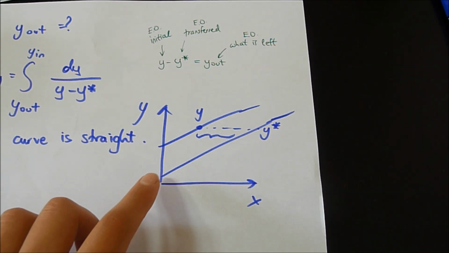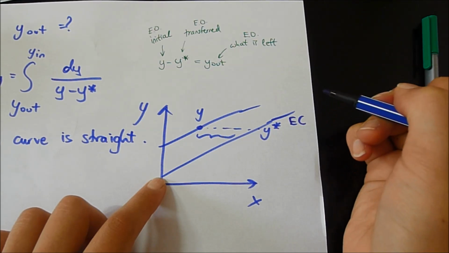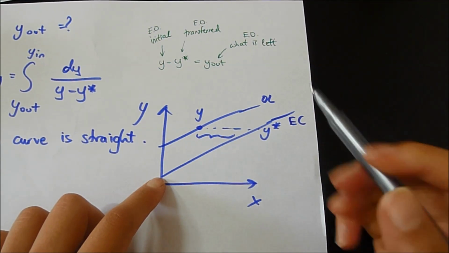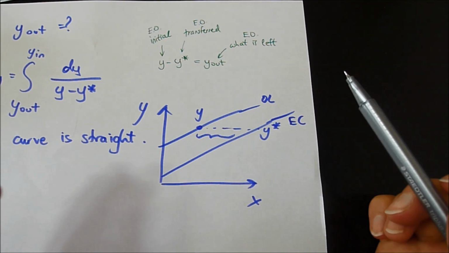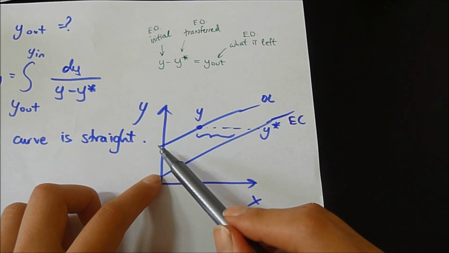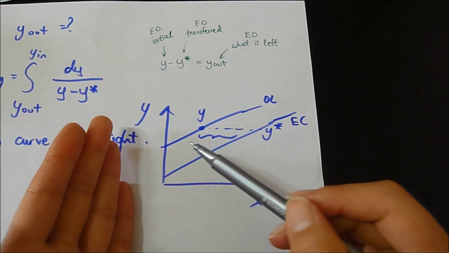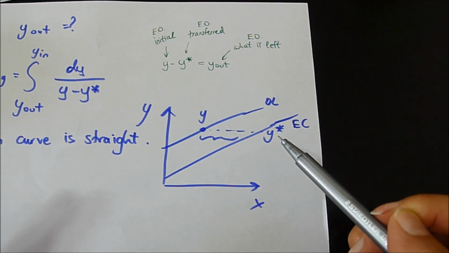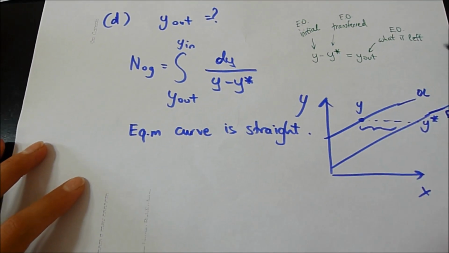So in our case, our equilibrium curve over here is straight. This is our operating line. And since these are parallel to each other, not parallel specifically, I mean basically lines, the differences between y and y star will be the same. So we don't need to do any integration actually.